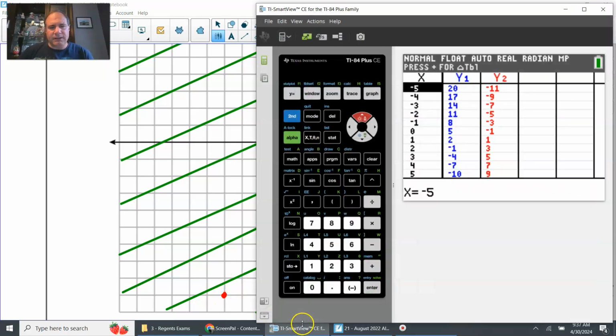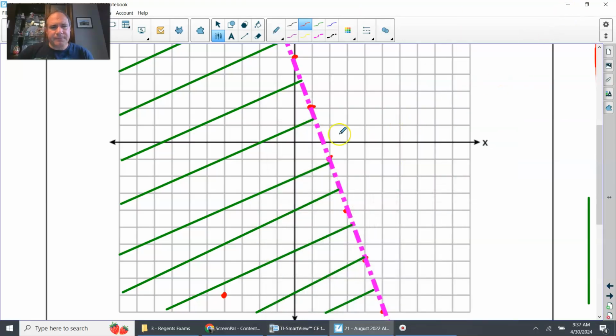The next point is -3, -7. -3, 1, 2, 3, -7 is right here. You could see that it's a rise of 2 and a run of 1. The slope is 2. Just check the points, especially the y-intercept. Up 2, run 1.